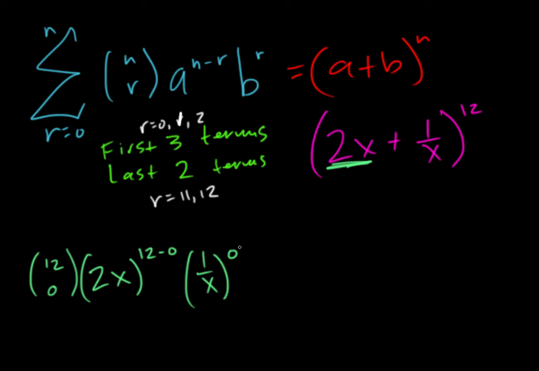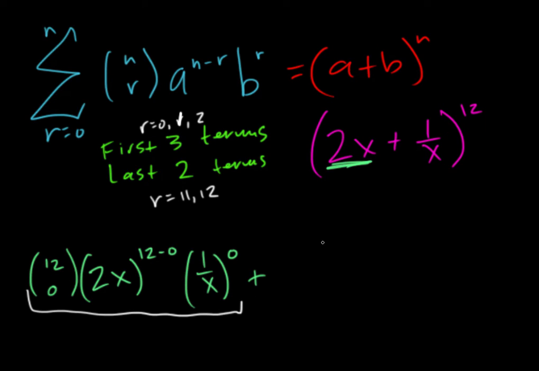Now they say not to simplify. There's a lot of stuff we could do to simplify here, because this actually simplifies just to 2x raised to the 12. But they told us not to simplify, so we're not going to do that. Okay, so this is the first term.